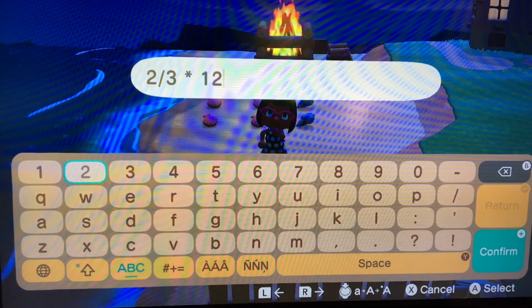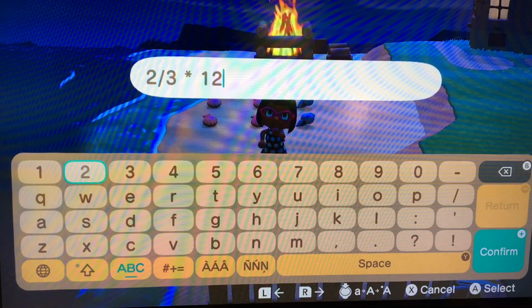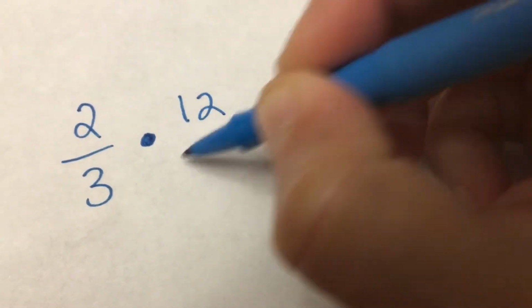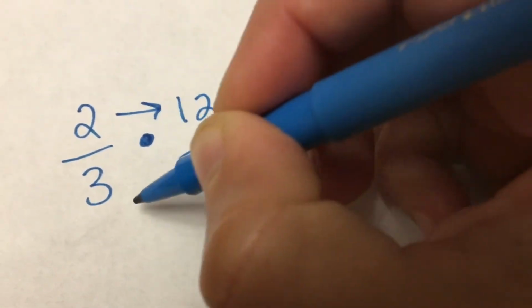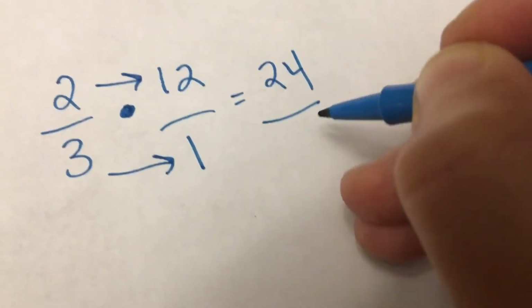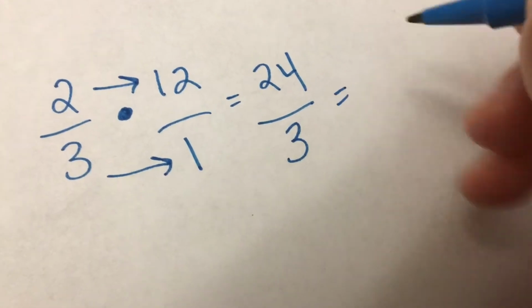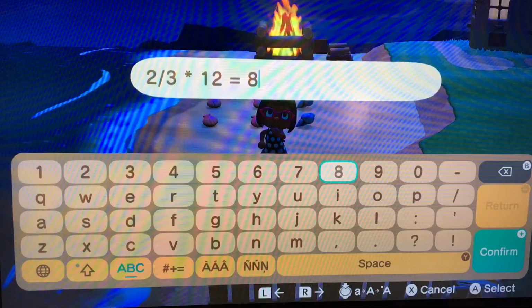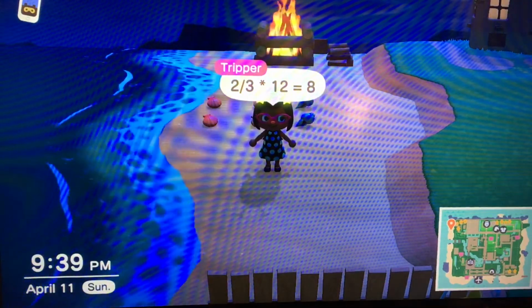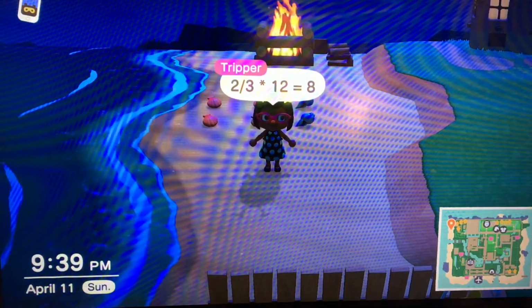It's the probability times the number of trials of the experiment, essentially. So once I do the calculation, I find out that I can expect 8 of them to be cowries.